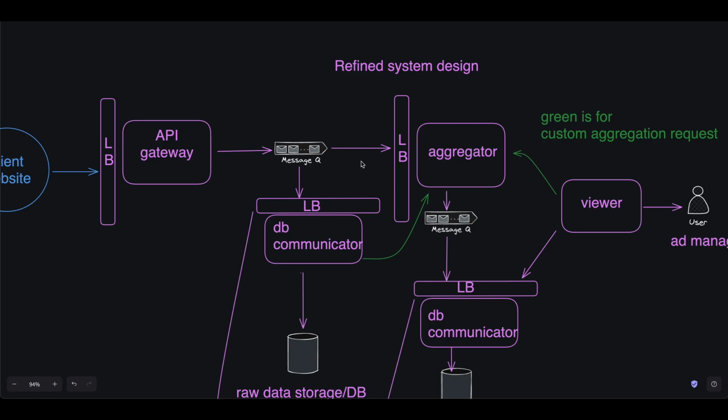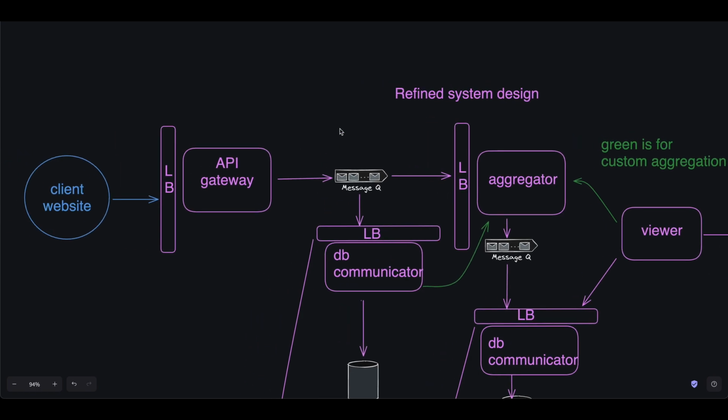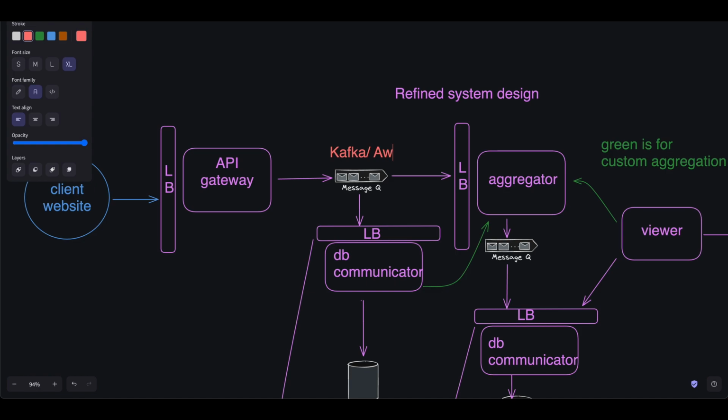And it will be a good idea to have something as an intermediary between the API gateway and the aggregator to store our events. And for these purposes, a suitable solution would be a messaging queue. We are going to be using either Kafka or AWS Kinesis for these purposes.